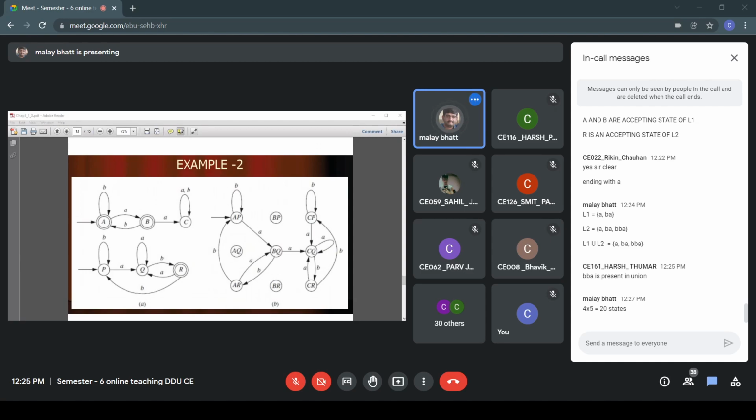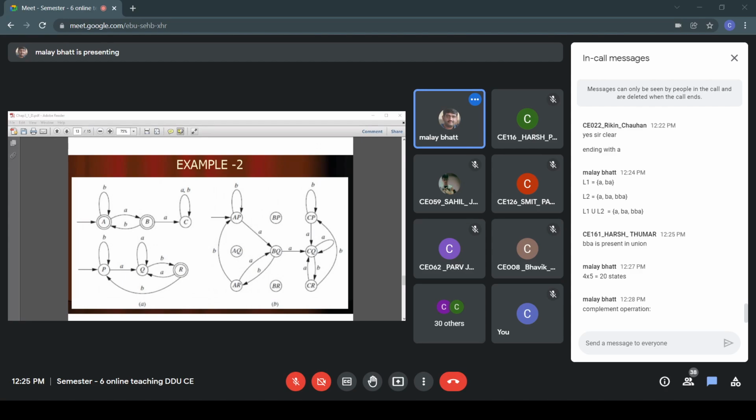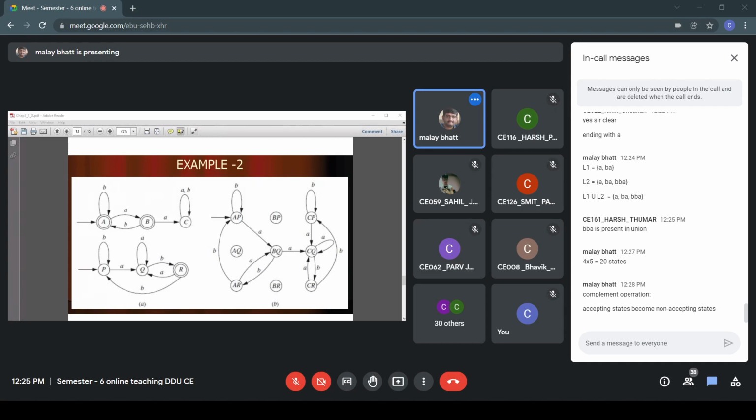We just have to revert the states. Accepting states become non-accepting states, and non-accepting states become accepting states.